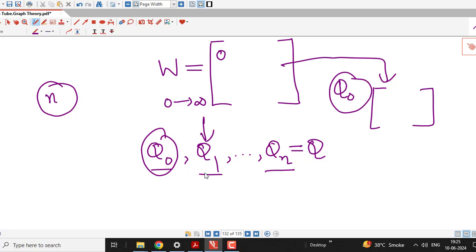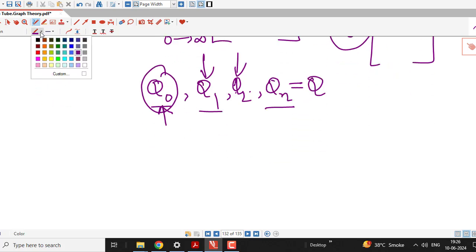Then to write down entries of q1, we will use entries of q0. To write down entries of q2, we will use entries of q1, and for that we will remember this formula.